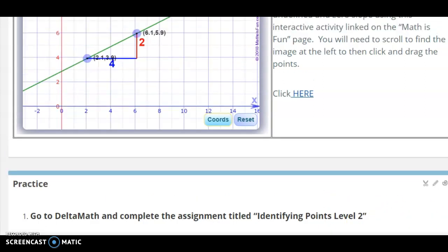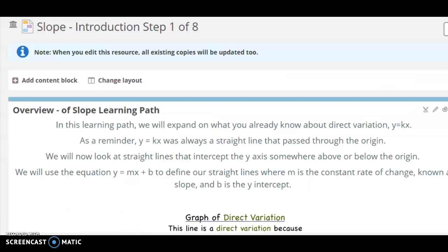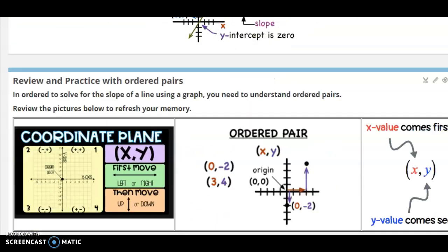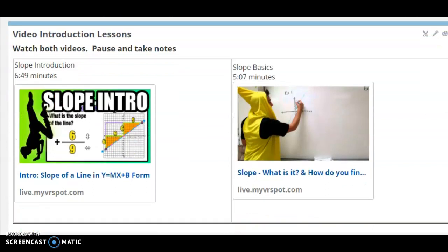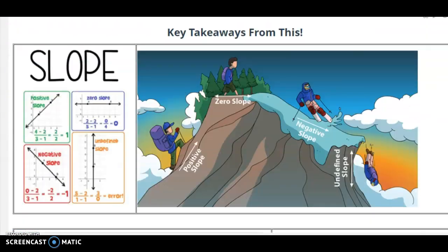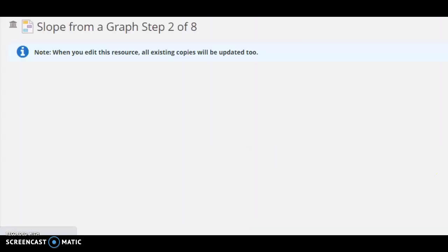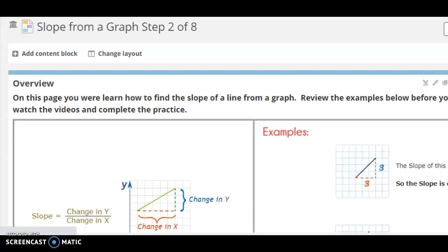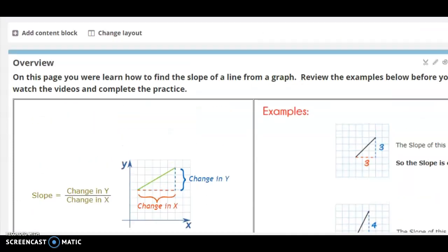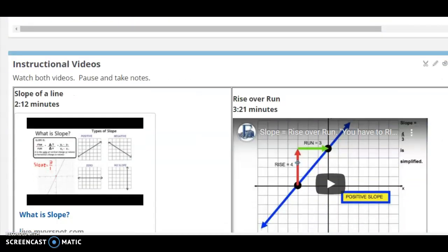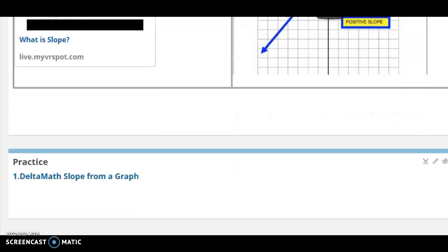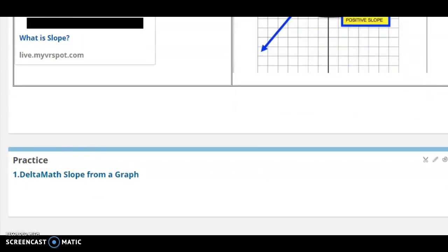But your learning takes place on each page with the notes, some pictures, and video lessons. Okay, so make sure that you're not just skimming through to the bottom to see the practice, but yet you are taking the time to read through your notes, look at the points that are given to you, watching the videos and taking notes while you're watching the videos, and then doing each of the Delta Maths.